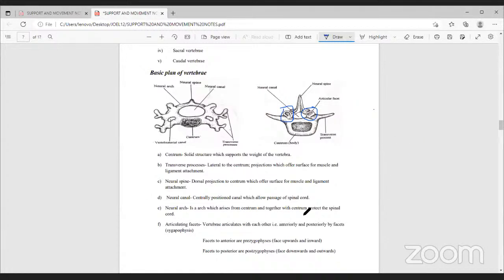So under articulating facets, you say that vertebrae articulate with each other by facets.